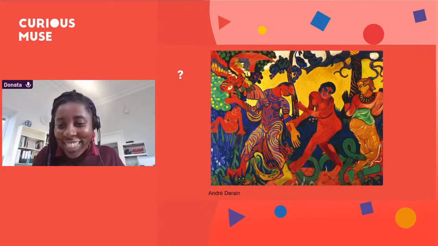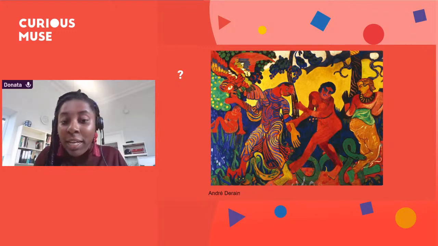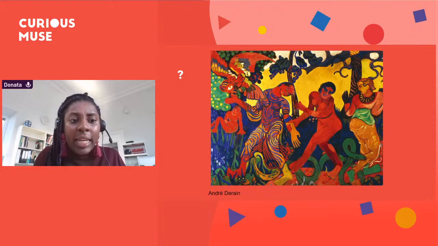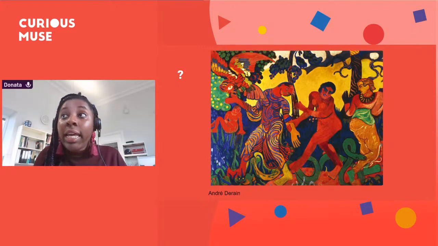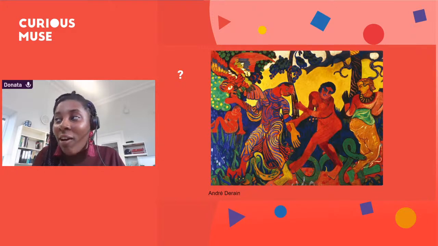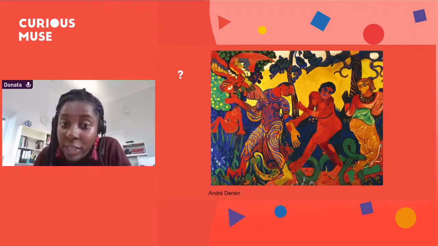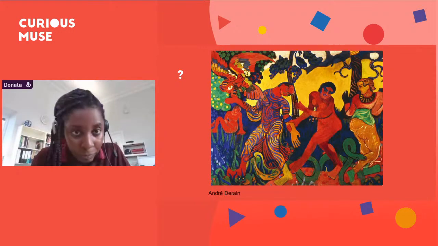Oh, perfect. Yes, Autumn has it. It's The Dance, and it was made in 1906, and it reflects his Fauvist style and his interest in African art here. And he's showing the woman and their bodies again in this kind of hyper colorful, hyper Fauvist way.